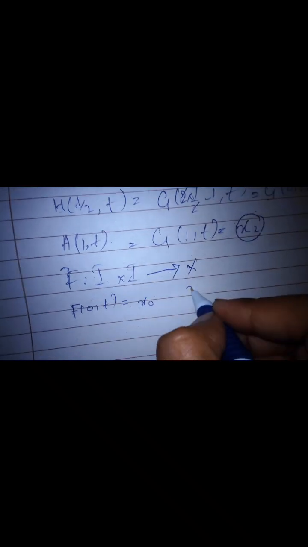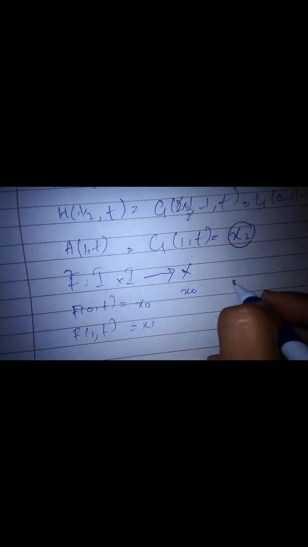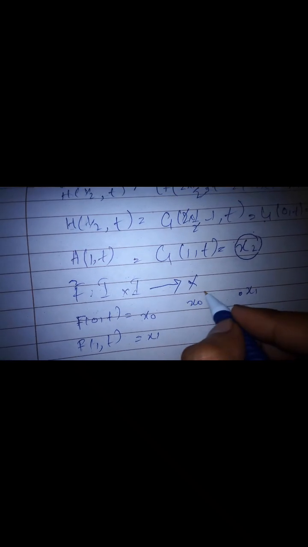If we substitute F of 0 comma t for all t belonging to this unit interval, we will get x naught, the initial point of this path. If we substitute F of s equal to 1 comma t, we will get x1, the final terminal point of this path.